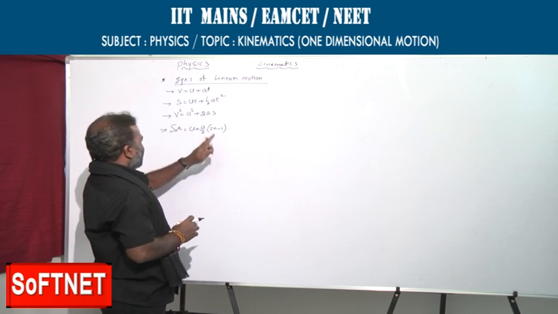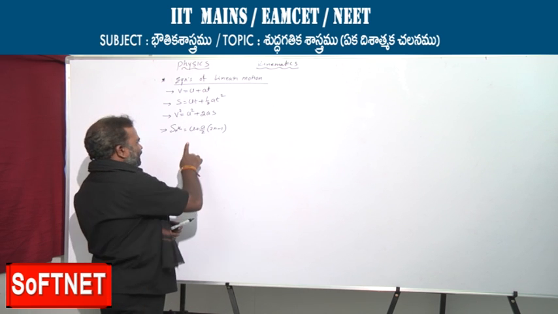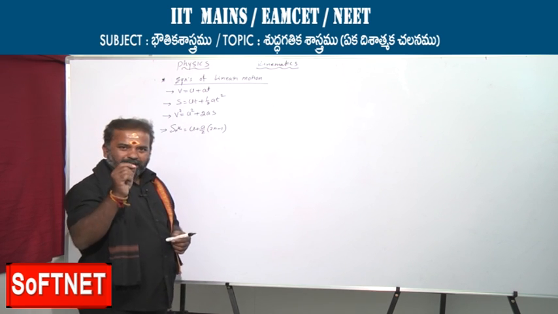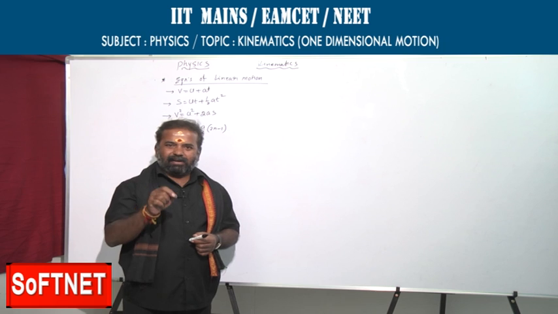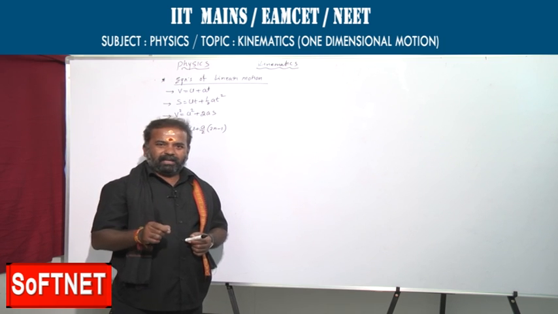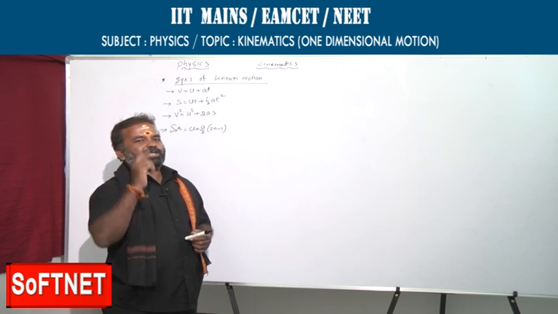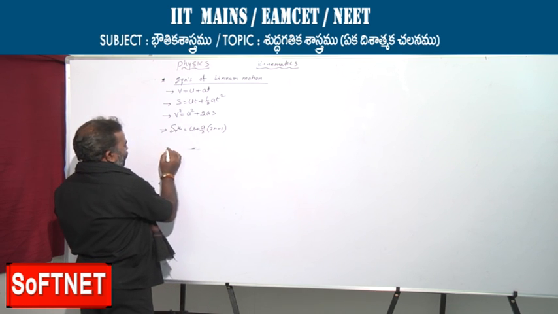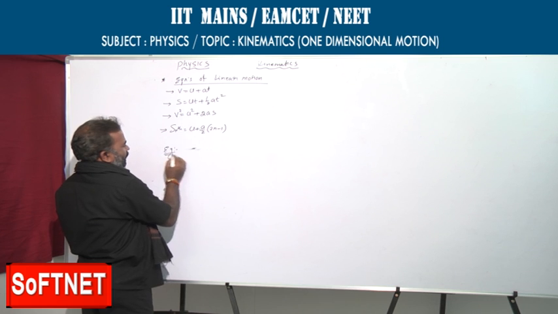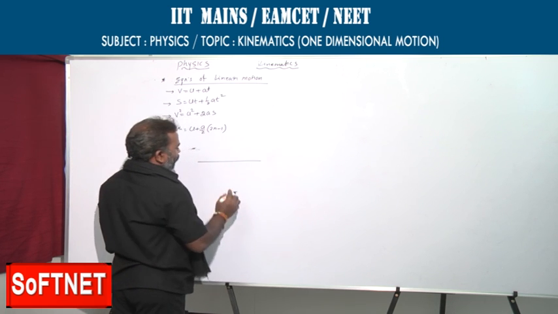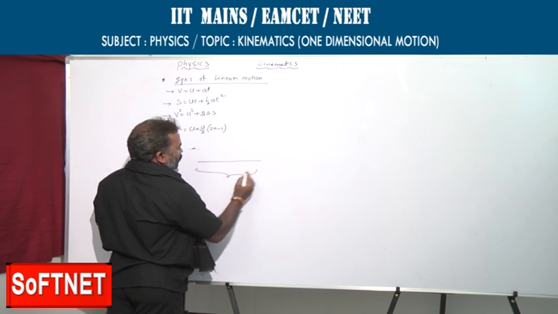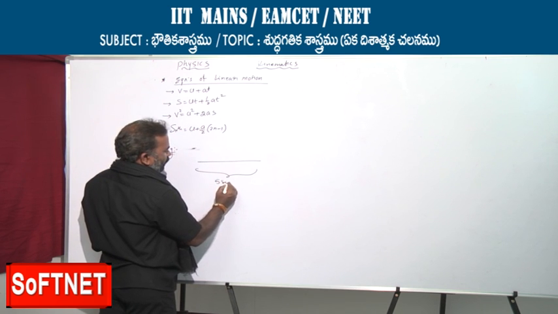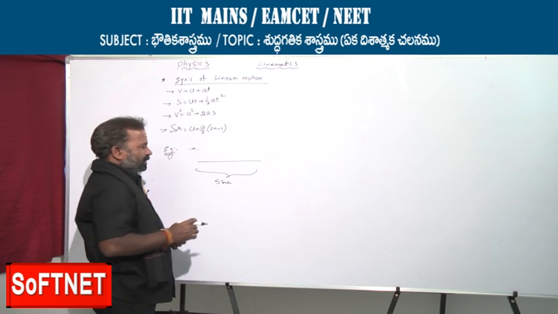Now, nth equation. Nth equation means what is the distance covered by a body in a particular second. For example, if we take a body is in motion for 5 seconds, total motion of the body is 5 seconds.